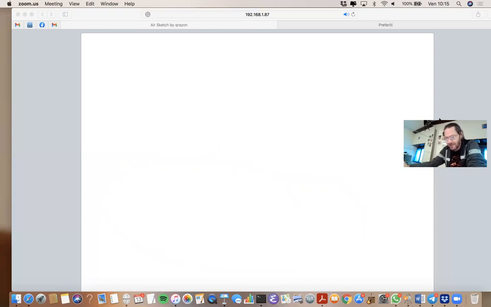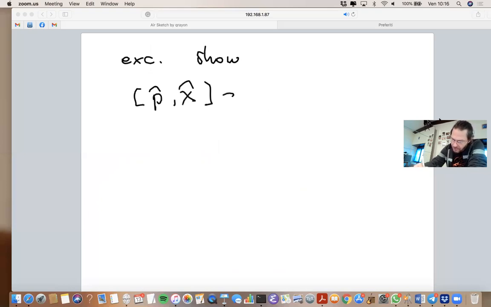Now, an exercise for you, which I will discuss on Thursday in the discussion lecture, the live lecture on Wednesday. Exercise: show that P and X do not commute, and compute the value on the right-hand side.